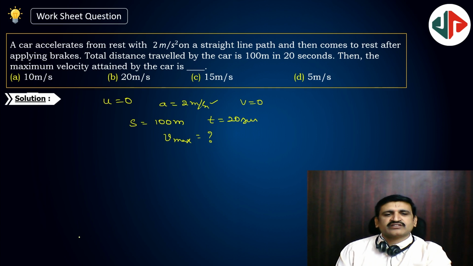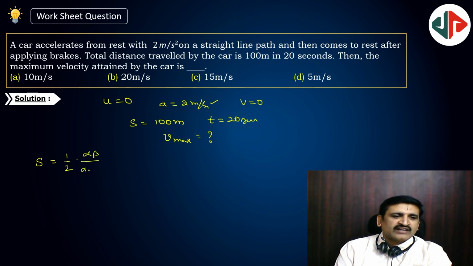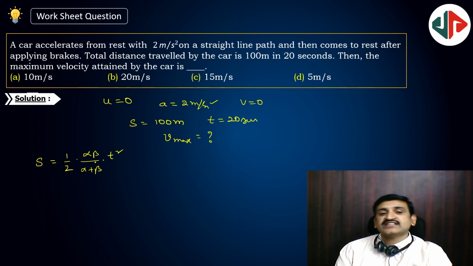That is the question. Actually, two formulae we have. Average acceleration is equal to alpha beta by alpha plus beta. S is equal to half alpha beta by alpha plus beta into t square. Here alpha is the accelerated acceleration, beta is the decelerated acceleration, because the car accelerates and later on applying brakes it decelerates.